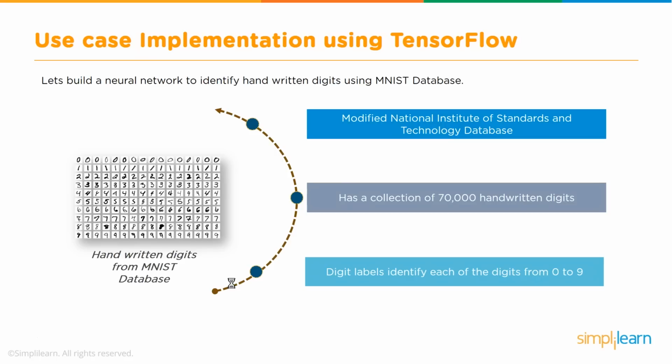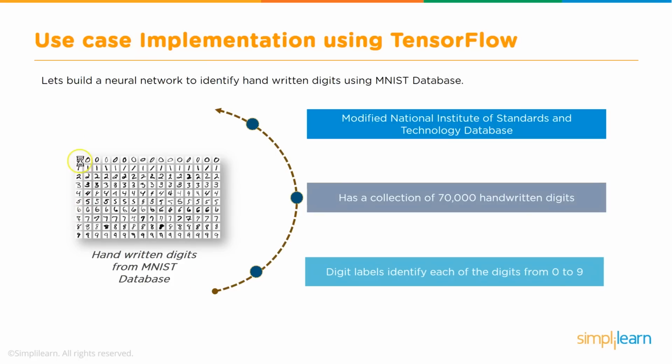And it has a collection of 70,000 handwritten digits, and a large part of them are for training. Then you have test, just like in any machine learning process, and then you have validation, and all of them are labeled. So you have the images and their labels, and these images look somewhat like this.